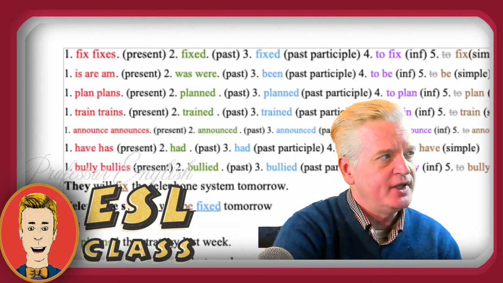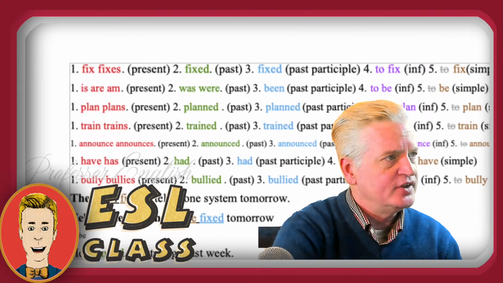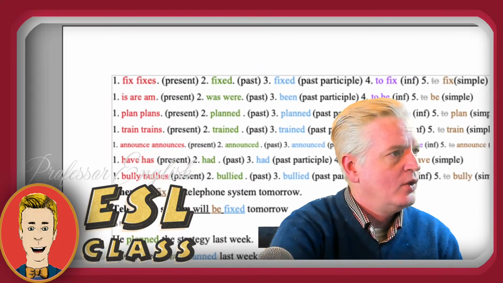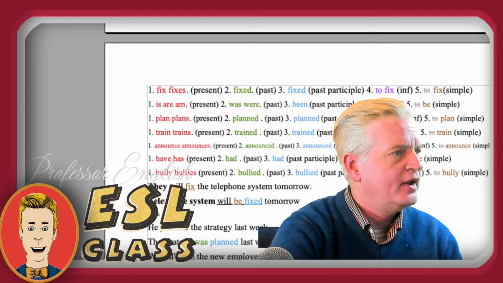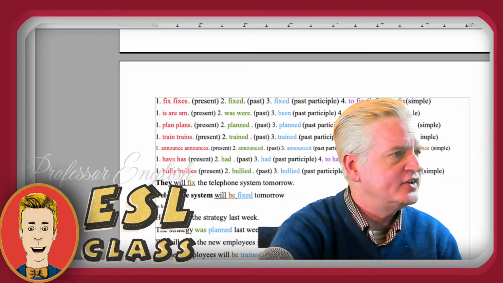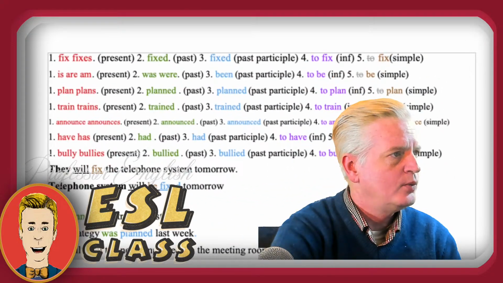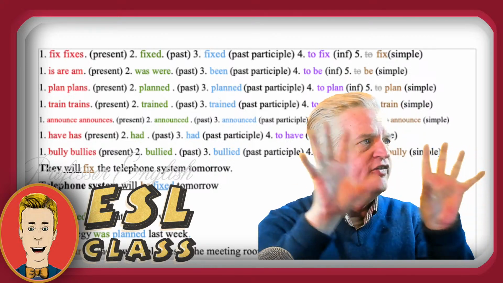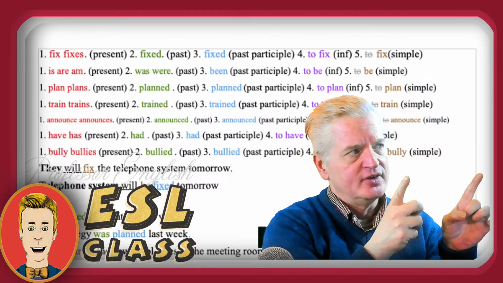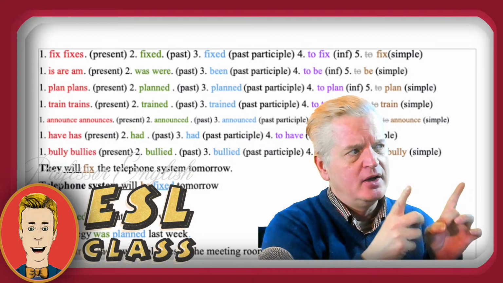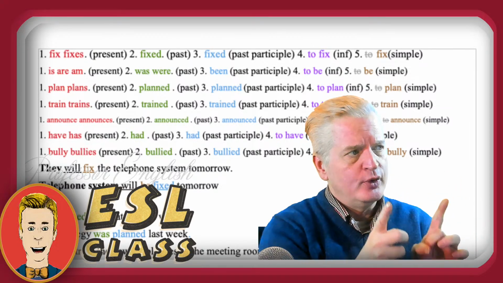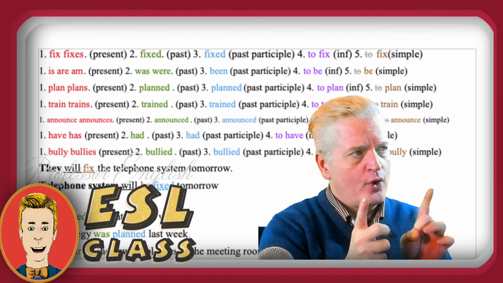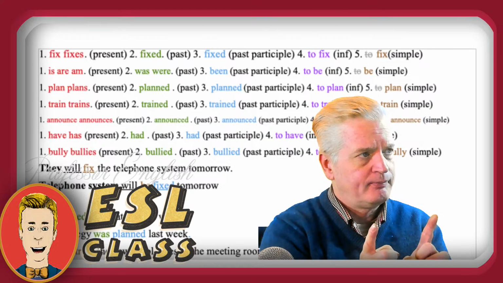Now let's go up here and let's see if you can see this. What color is the verb to fix? So in our sentence, they will fix. These are your options. Is fix red, green, blue, purple, or brown?